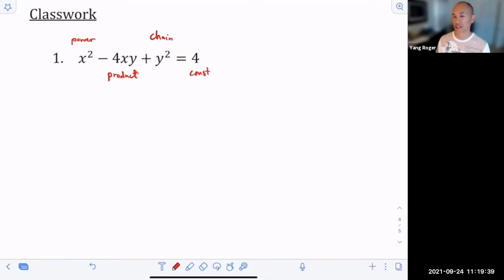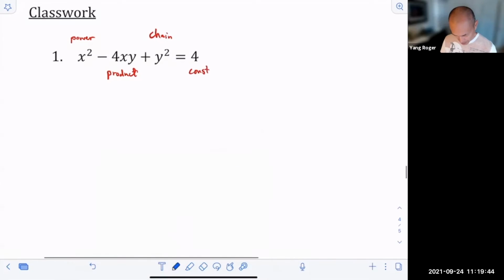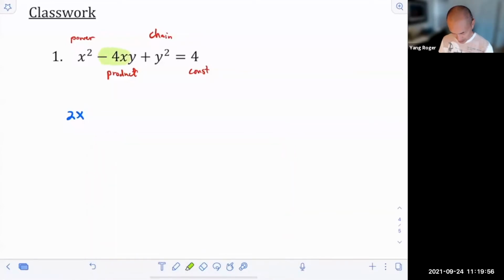So I'm going to do each piece here. The derivative of x squared is just going to be 2x. For my product rule, I need to figure out the first function, which is going to be this negative 4x, and the second function is going to be y.